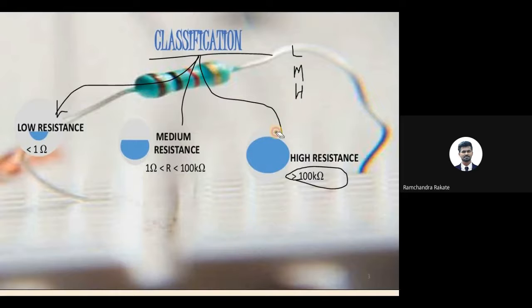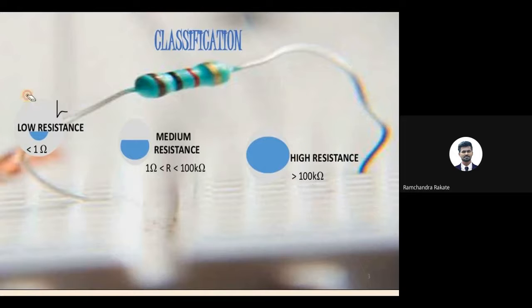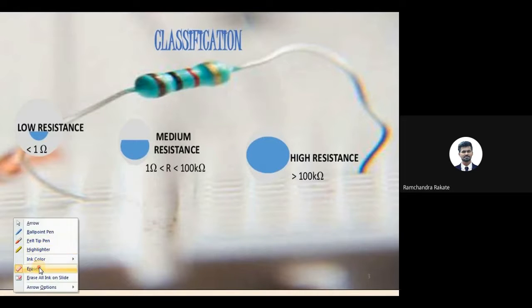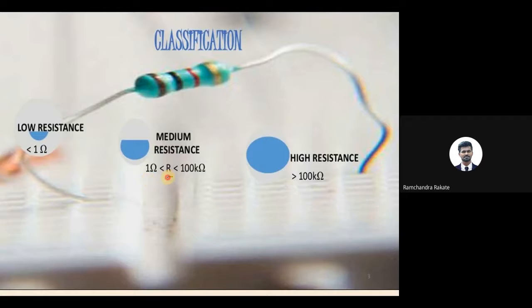it is low value resistance. Okay, if the value is less than 1 ohm, it belongs to low value resistance, and if it goes beyond it, then we'll say it is a medium resistance, and if it goes much beyond, that is beyond 100 kilo ohm, then we will say it is a high resistance.